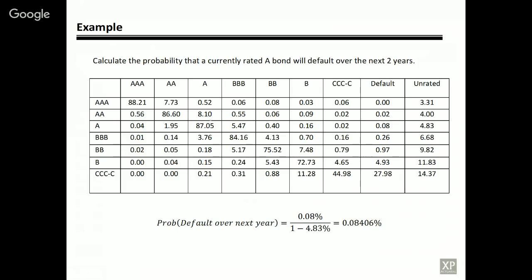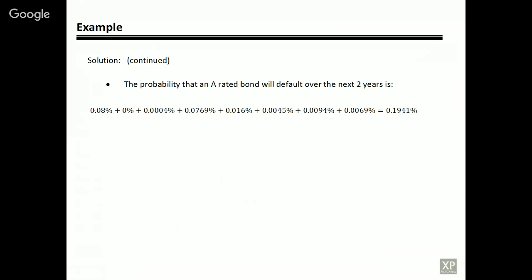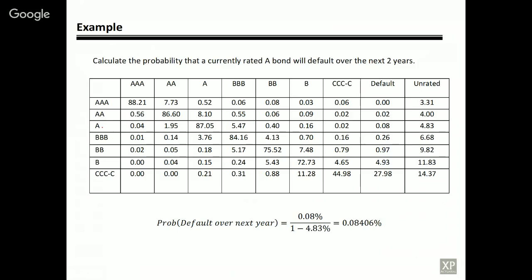So it's kind of a probability of A moving to AAA, then defaulting, probability of A moving to AA, then defaulting, and so on. Then we just add up all these probabilities along with the first year probability, and that would give us the probability of defaulting over those 2 years. It's relatively simple. All you need to know is that it's a transition. You can go to each of these different states, and when you're in those states, you can then default.